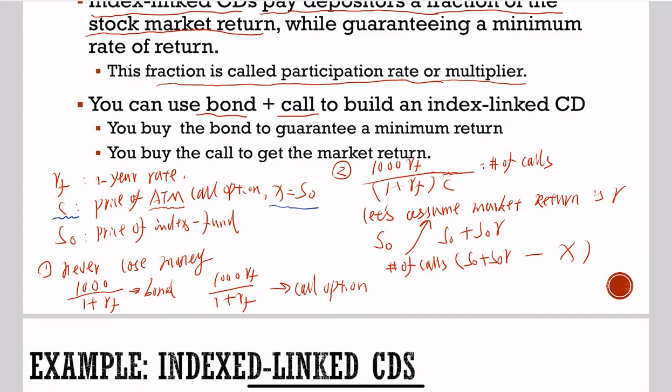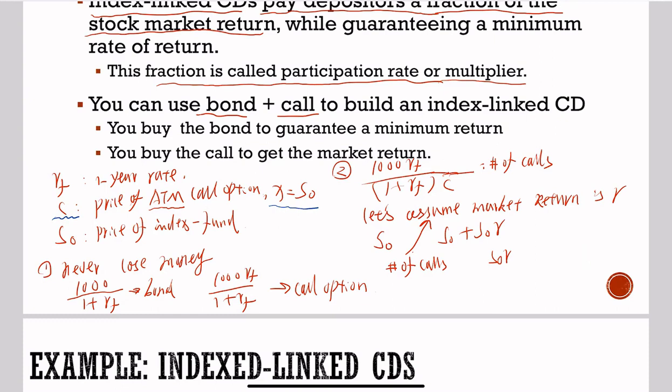And we know that the exercise price of your call option is just S0, because we bought at-the-money calls. So you can see that these two S0 would just cancel out, so you could remove this.